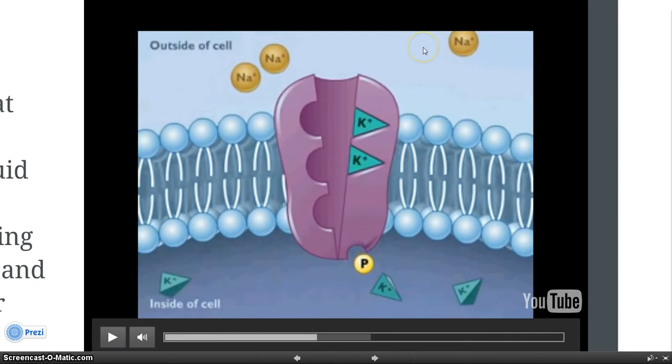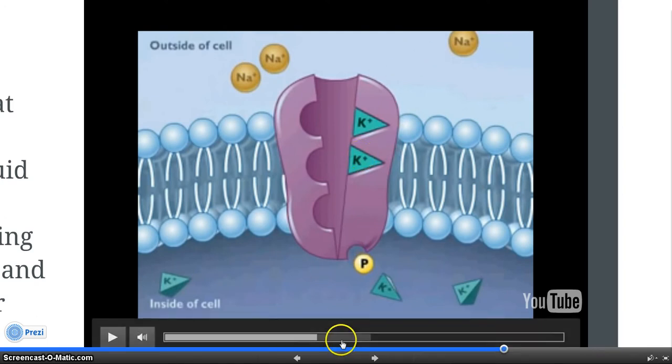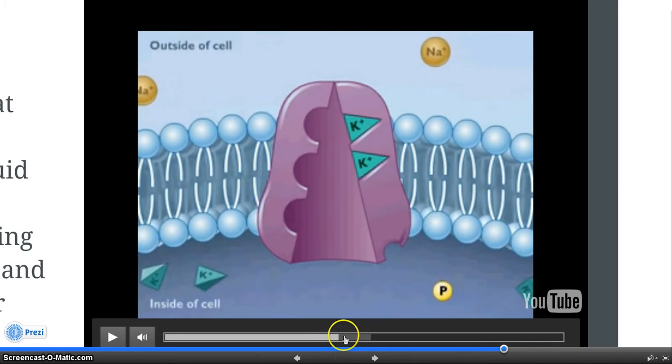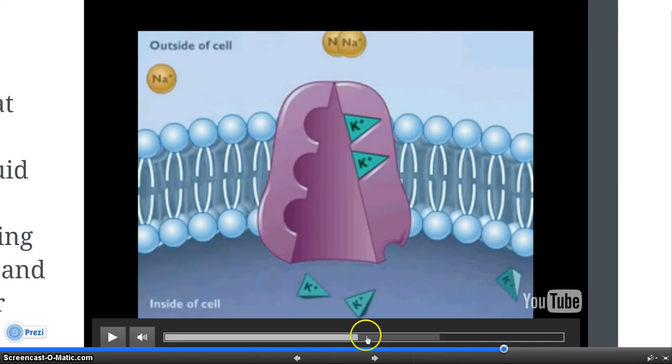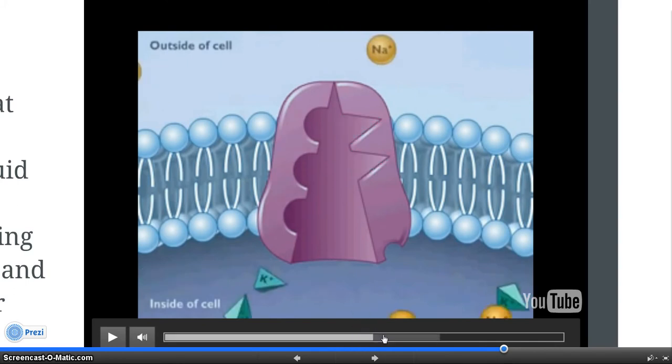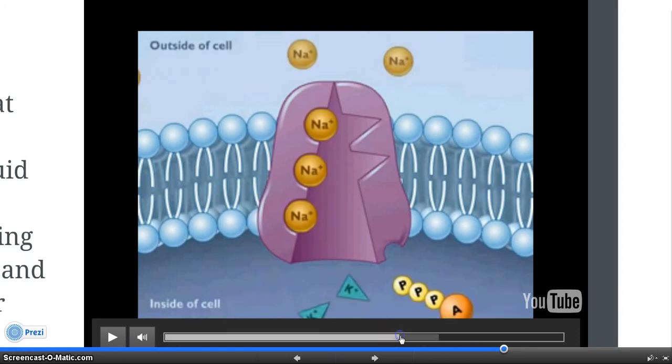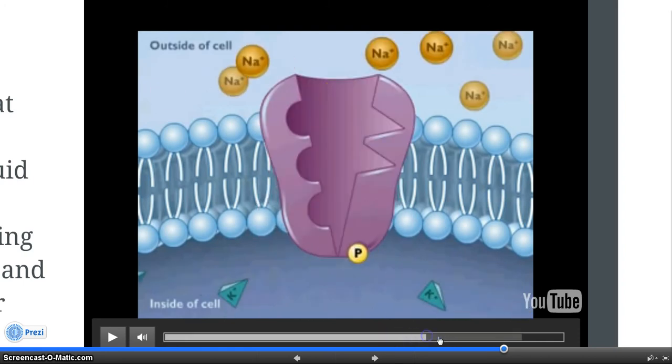Okay, the sodium is being released, and now the potassium has attached to the pump. The pump is opened up, allowing potassium to come in. And again, here it goes a little bit faster.